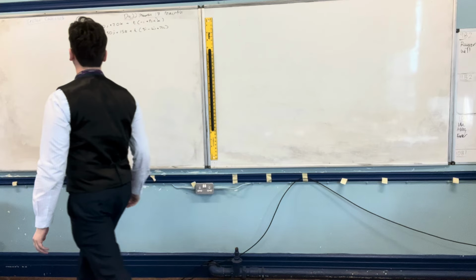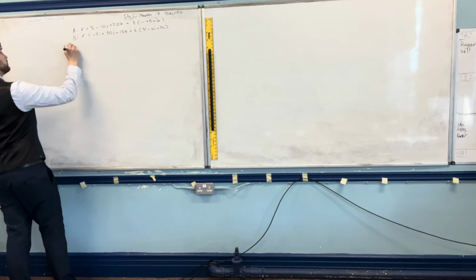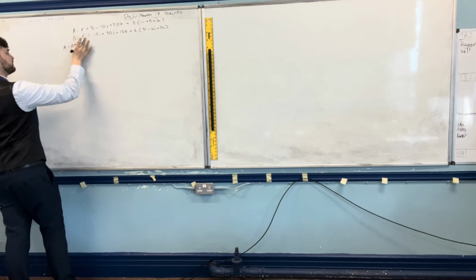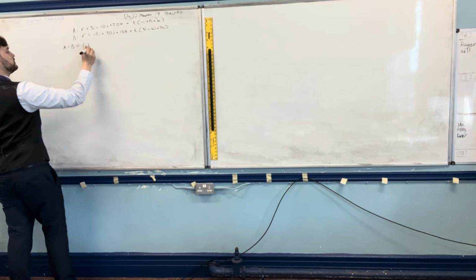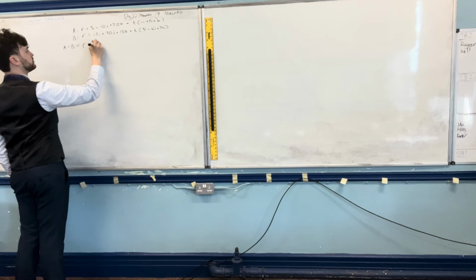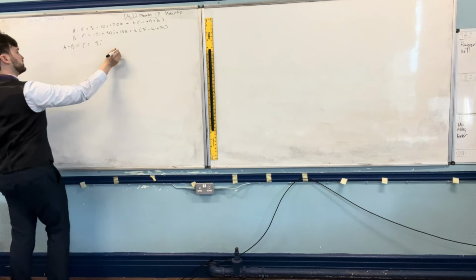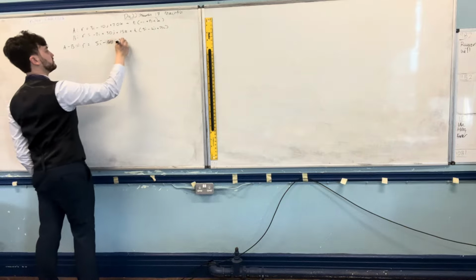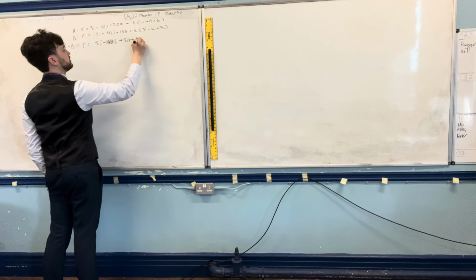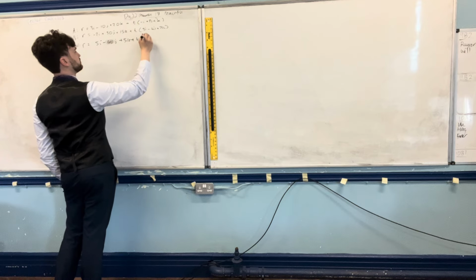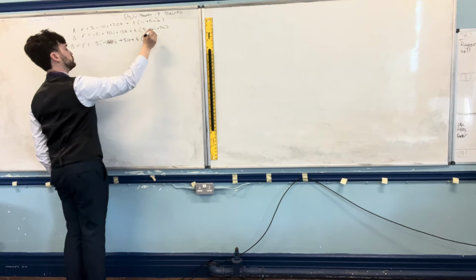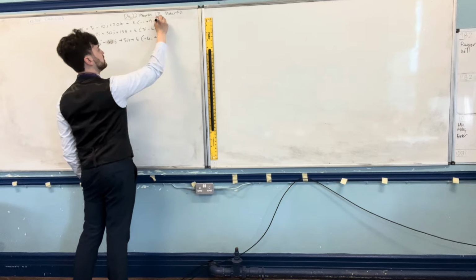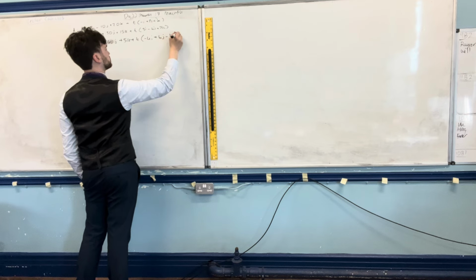Alright then, so the distance between A and B, that vector, would be 3 take away minus 2 is 5i, minus 10 take away 30 is minus 40j, 20 take away 15 is 5k, and then plus t times by minus 1, minus 3, so minus 4i, 2 take away 4, so plus 6j, 1 take away 2, so minus 1k.